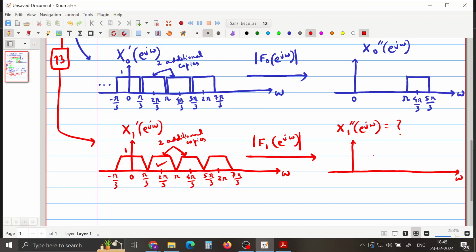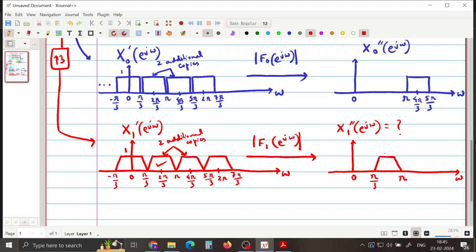So you'll get something like this. So from pi by 3 to pi. And this height we actually don't know.